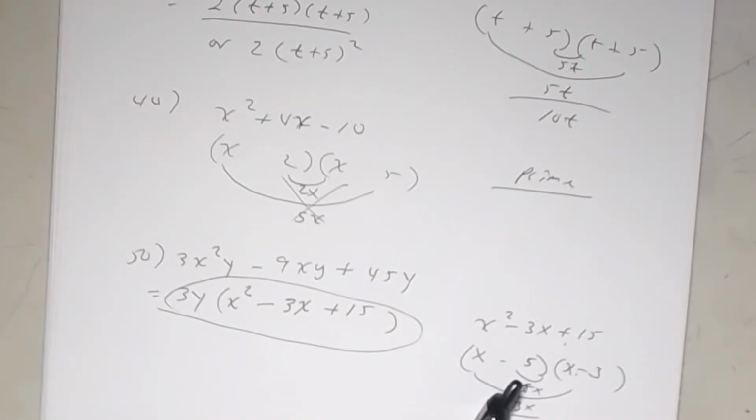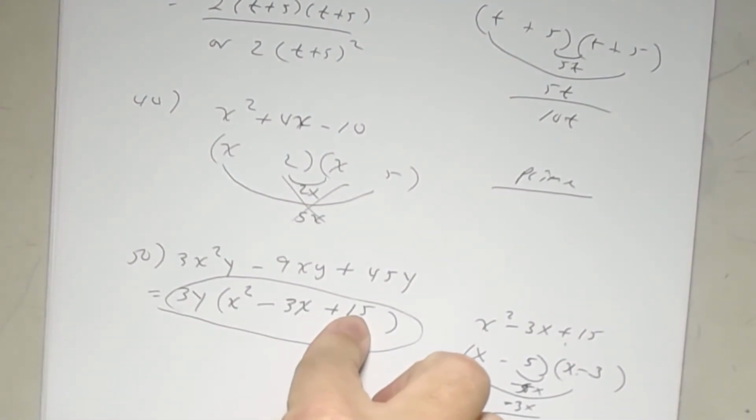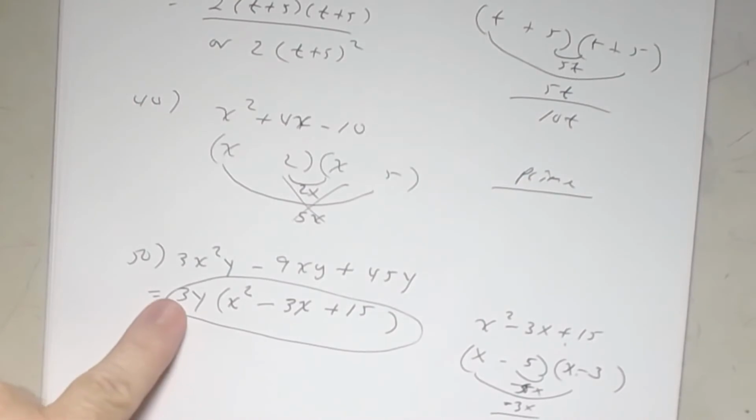So I took out the GCF, and then I tried to determine if I could factor this trinomial, and I can't. So don't say prime, because when you say prime, that means the original could not be factored. Can the original be factored? Yes, the GCF. You factored out a 3y.